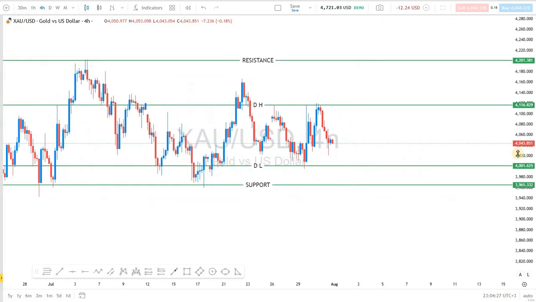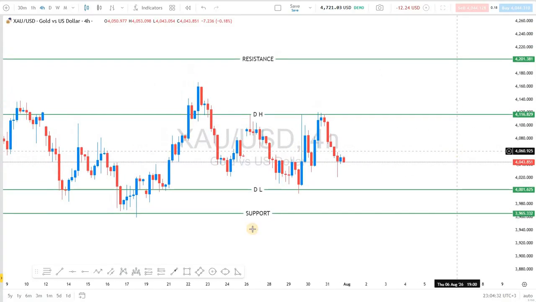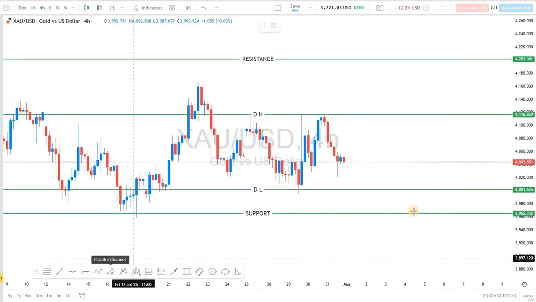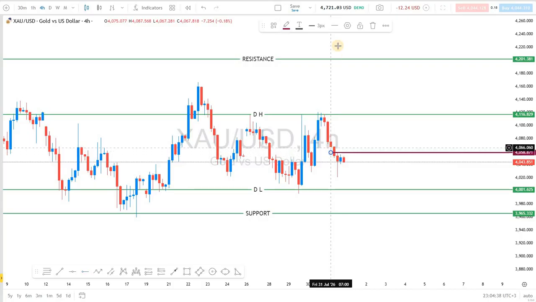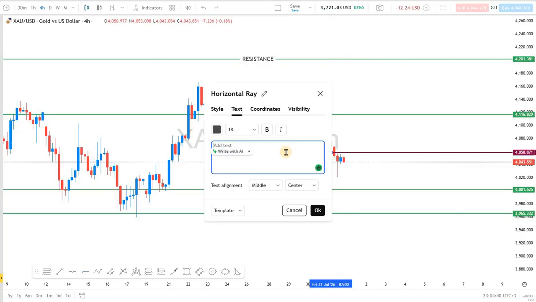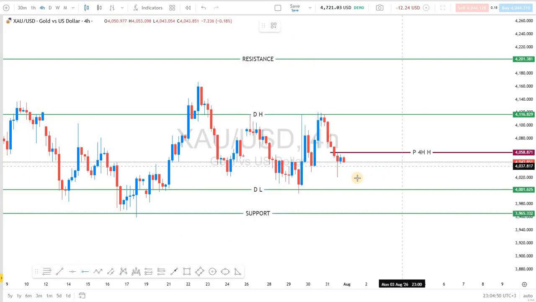So what we will do, we'll come here and enlarge this candlestick. Mark the previous 4 hour high. This is the previous 4 hour high. And mark also the previous 4 hour low.